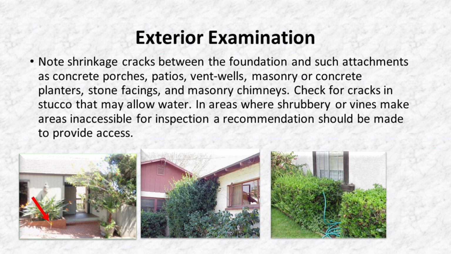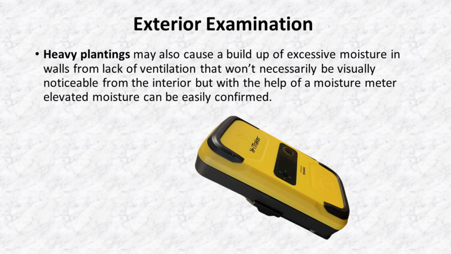In areas where shrubbery or vines make areas inaccessible for inspection, a recommendation should be made to provide access. Exterior examination. Heavy plantings may also cause a buildup of excessive moisture in walls from lack of ventilation that won't necessarily be visually noticeable from the interior. But with the help of a moisture meter, elevated moisture can be easily confirmed.